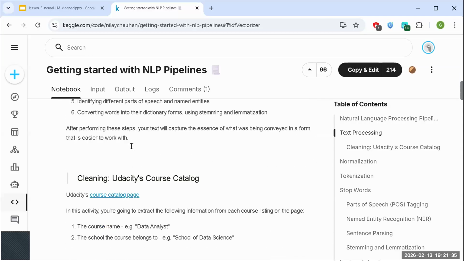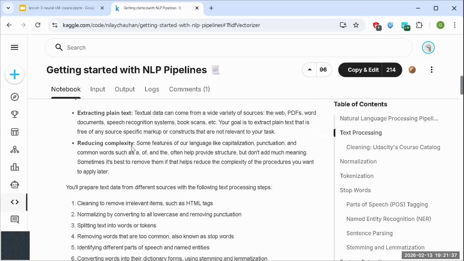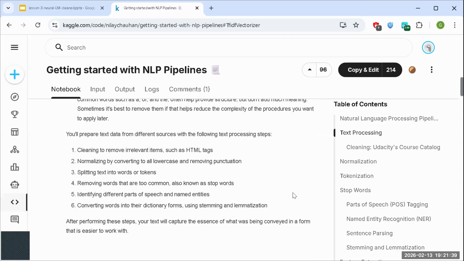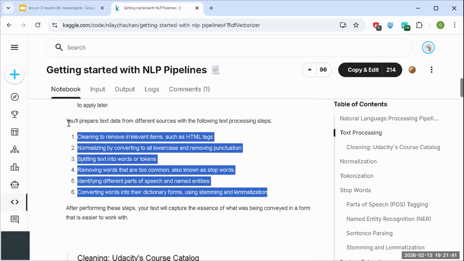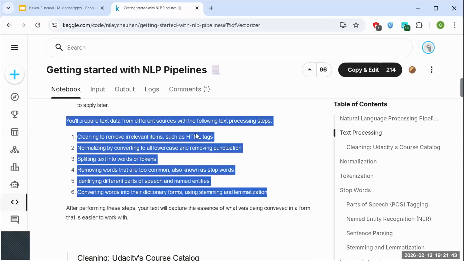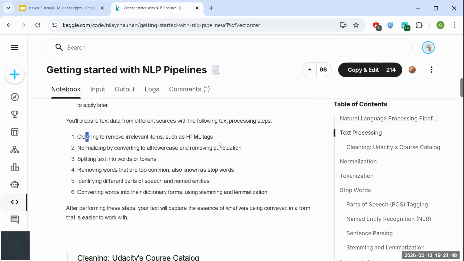I think this one makes a lot of good sense here. Just now in the video, you saw that to prepare text data from different sources, you remove things that are not very useful, like HTML text if you are scraping data from a website. You convert to lowercase and remove punctuation. You tokenize, and you remove words that are too common, like he, she, they, them, these.